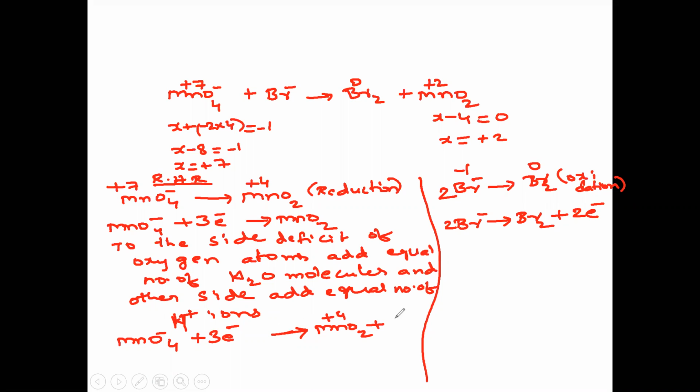Here it is 4. So we have to add an equal number. The deficit is 2, so 2 water molecules. Since we have added 2 water molecules, we have to add 4 OH minus here, plus 4 OH minus.